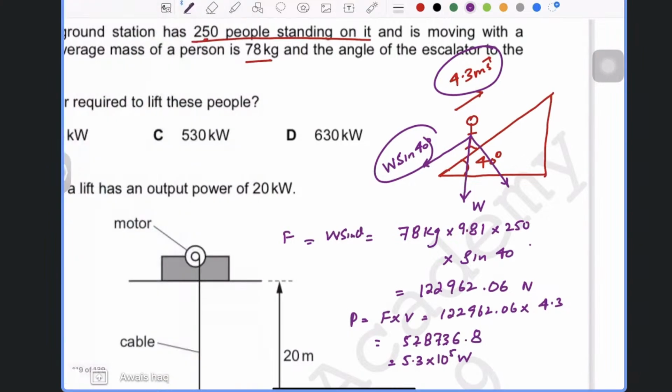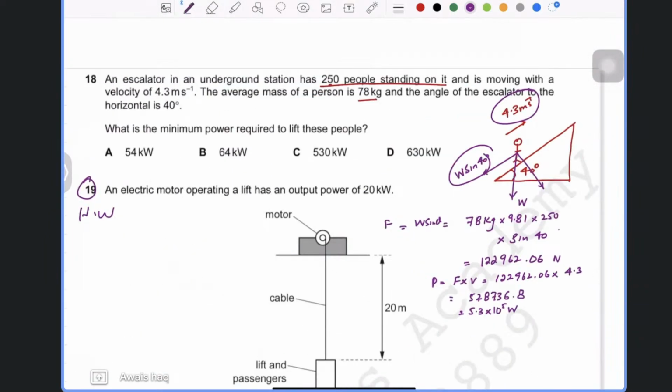I don't know where the answer is, but I think the answer has to be 530 kilowatt. All right, is it clear, you guys? Yes. So obviously forces are involved. Please make sure that when you're doing this, just be careful, that's all.